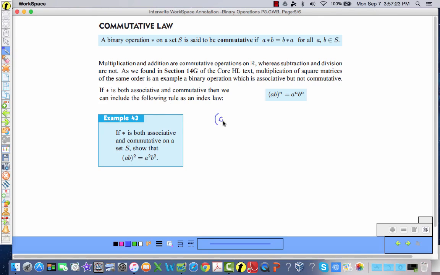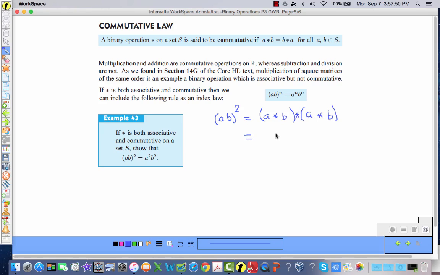So if I do have (A star B) squared, that is equivalent to (A star B) times (A star B), whatever that operation is. Not times, (A star B) star (A star B), because we don't know what the binary operation is just yet.